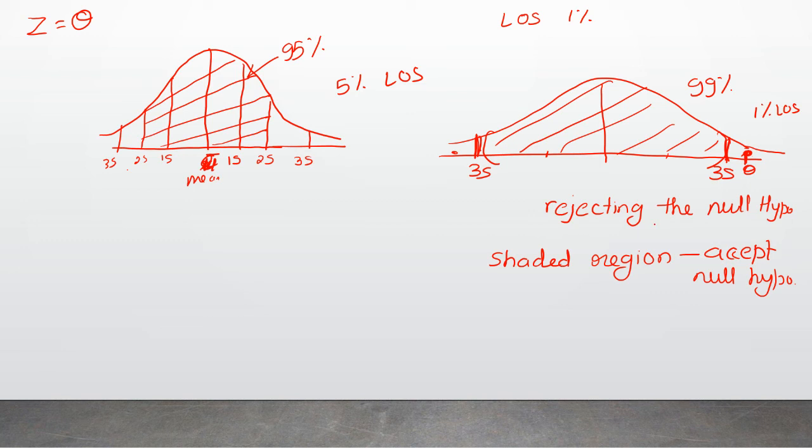Now, rejecting the null hypothesis means what? Accepting the alternative hypothesis, one and the same, vice versa. And similarly, accepting the null hypothesis means rejecting the alternative hypothesis.